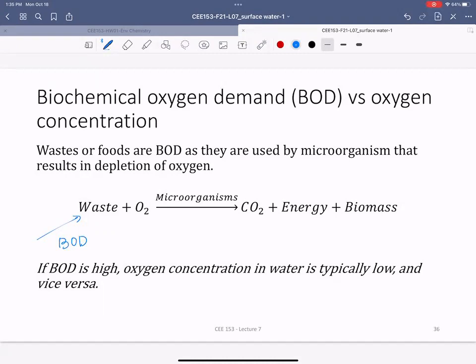That energy is used by microorganisms, and then you produce more biomass. So this is the equation that describes the wastewater treatment plant. So these chemicals, waste comes into wastewater treatment plants, you do aeration, that's why you supply oxygen.